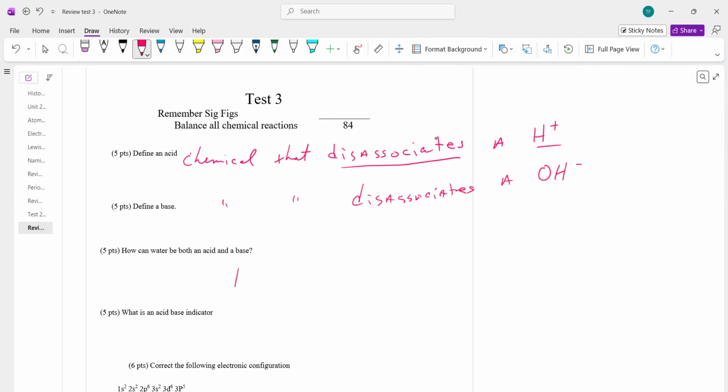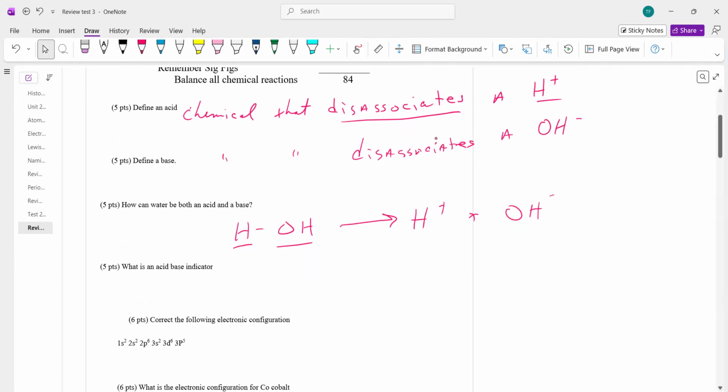Well, if you look at water like this, H2O, here's the H and here's the OH. It's a very weak acid, but it is an acid and it's also a base, because the H dissociates and the OH also dissociates.